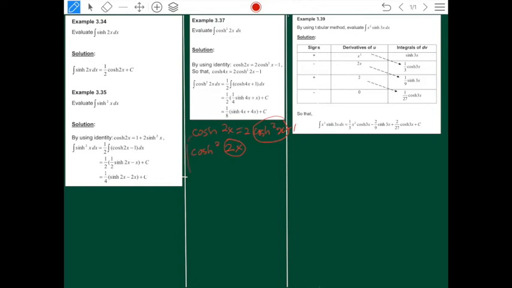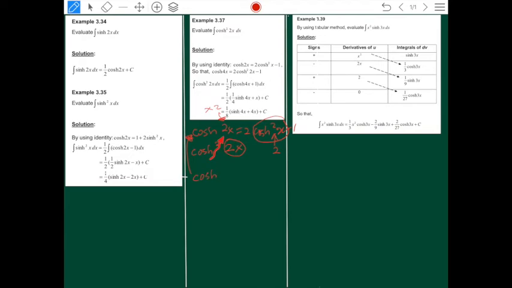So what you need to do is adjust the identity by making sure that this one has 2 times x, so that this one is also multiplied by 2.